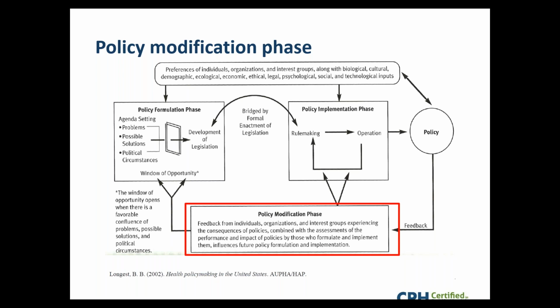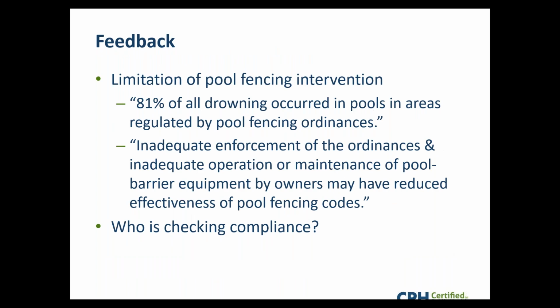That is, is there a reduction in the problem that you created a solution for? So if you have a law and regulations that are designed to reduce drowning for children, and it didn't work, right? So with this feedback you can find that there's a limitation of the law or regulation.